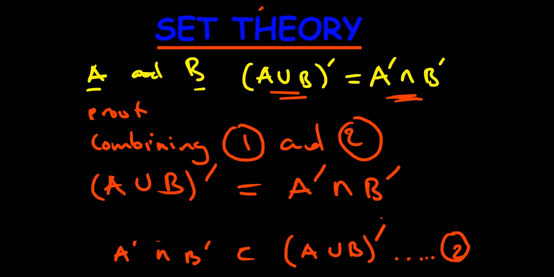So combining the two, 1 and 2, you have that A union B complement is equal to A complement intersect B complement.